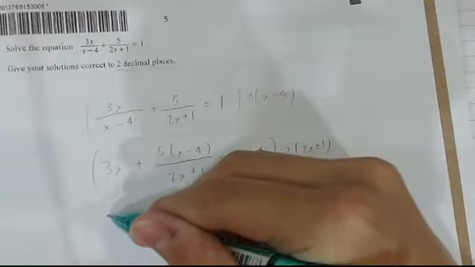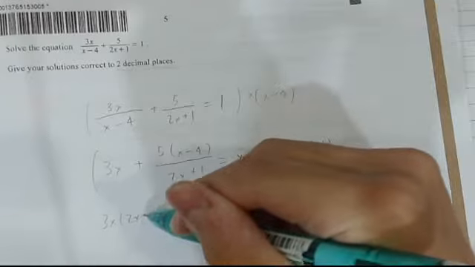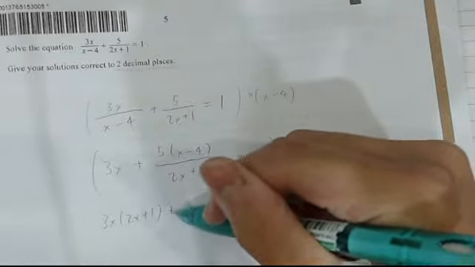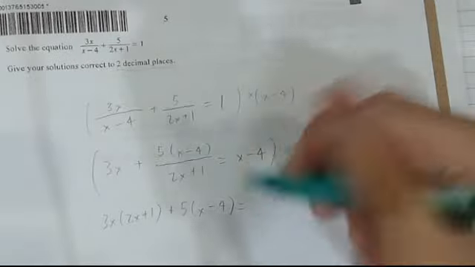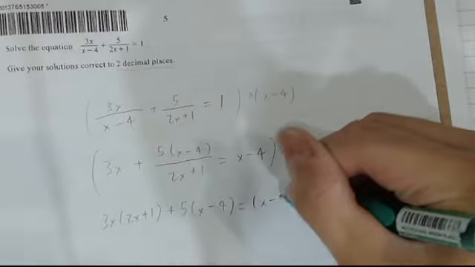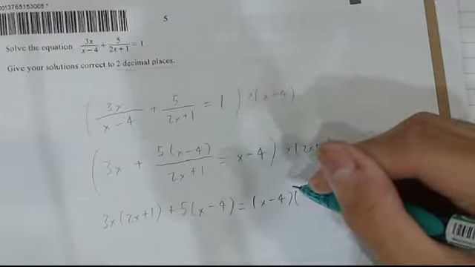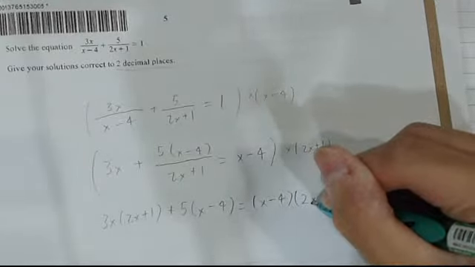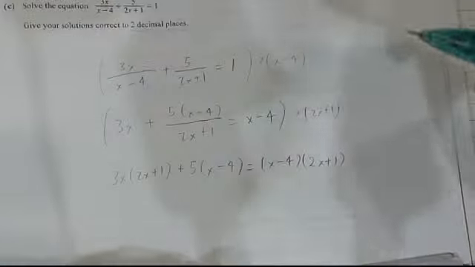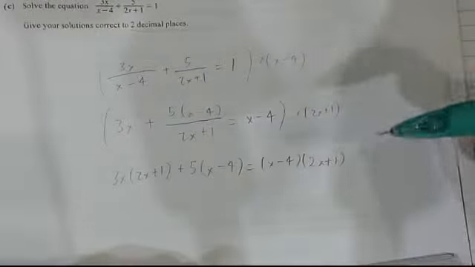Then what we get is 3x times 2x plus 1 plus 5 times x minus 4 plus 3 times x minus 4 times 2x plus 1. So now you have to expand.